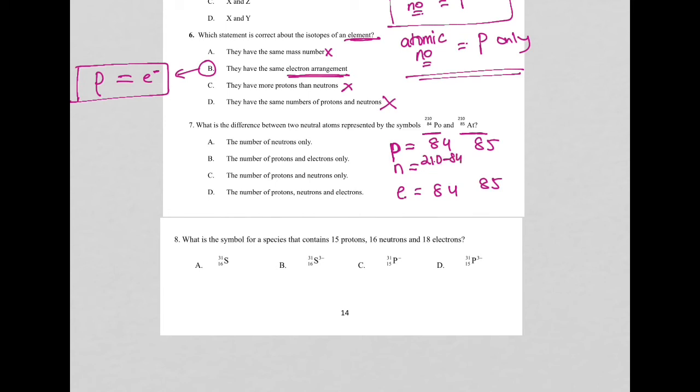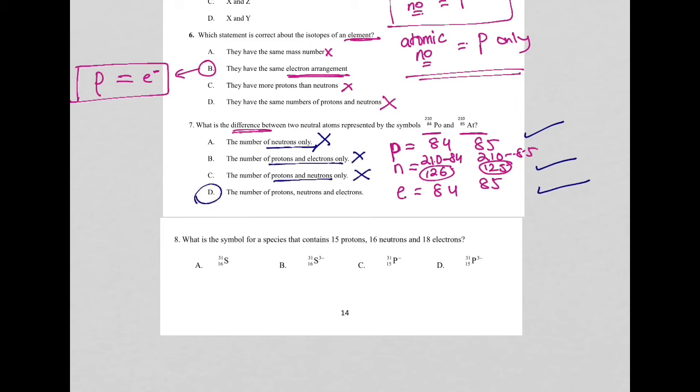That gives us 126. And here it's 210 minus 85. That gives us 125. All right. So what's the difference between the two? The number of protons is different, the number of neutrons is different, and the number of electrons is different as well. So all of the number of particles are different.